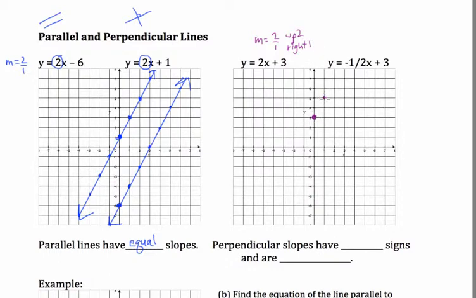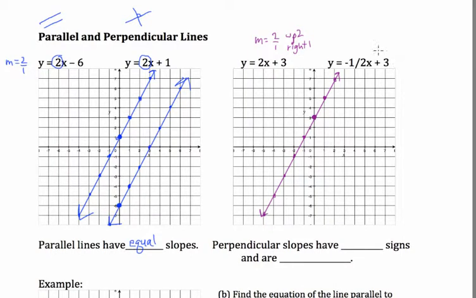Again, we know that a slope of 2, since it's above 1, is going to be more than a 45-degree angle. It's going to be a pretty steep line. Okay, let's look at our other line.